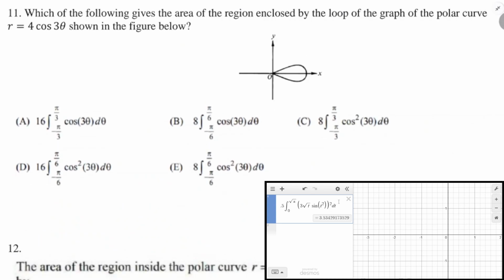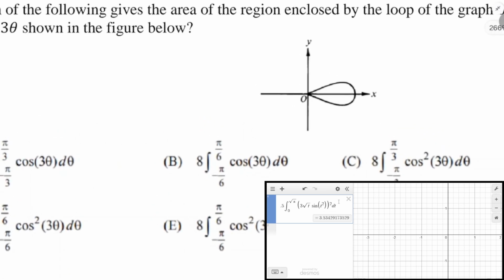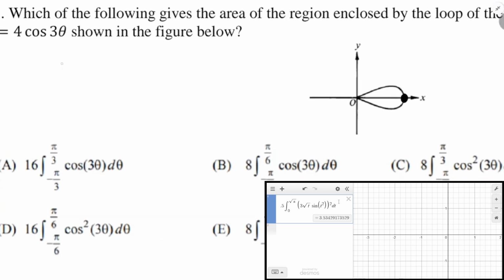All right, now we've got a multiple choice situation. Which of these gives the area of the region enclosed by the one loop of the graph for cosine 3 theta? All right, so what we need to do is think about where that's equaling 0. Okay, this looks like this is at theta equals 0 right here. So I probably have a positive and a negative value. Okay, cosine 3 theta equals 0.